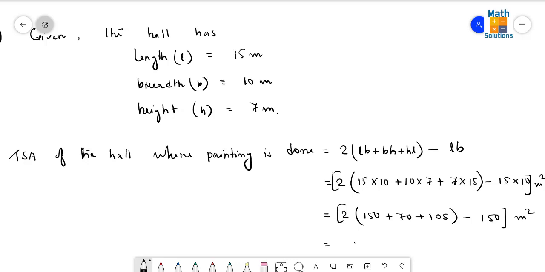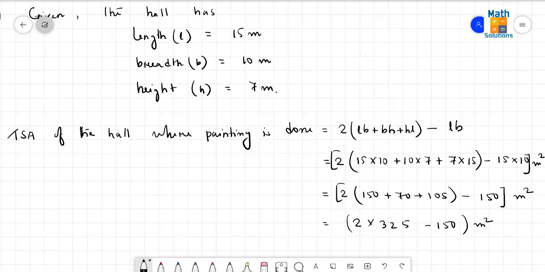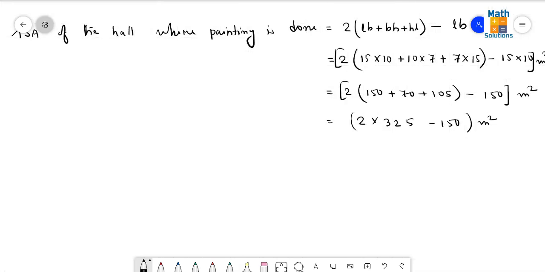So after this, 2 into 325 minus 150 meters square, it is equal to 500 meters square.